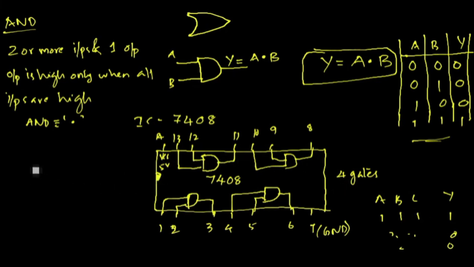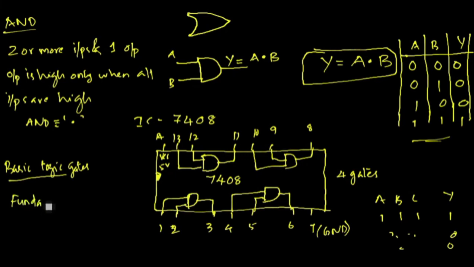So this completes the 3 basic logic gates or fundamental gates, because they are called basic gates. Using these gates we can construct all other gates or different logical circuits that can perform different arithmetic operations or different logical operations.